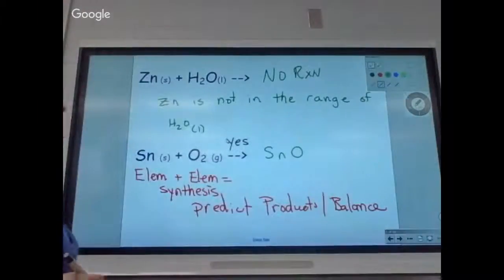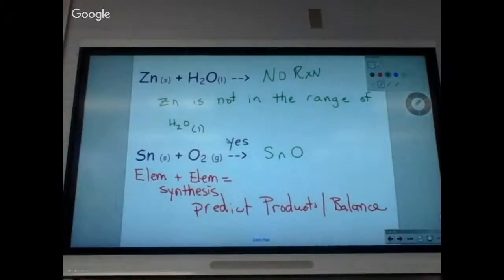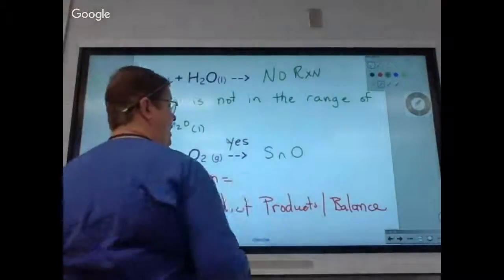Now, Sn has more than 1 oxidation number. Did I tell you which one I had to have? You choose. I choose 4. If you had chosen 2, that would be the answer.